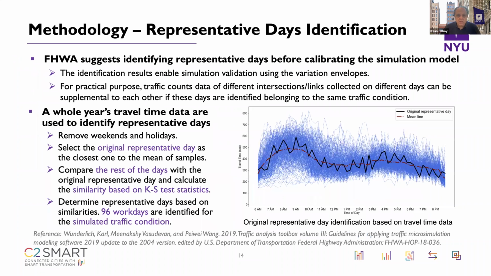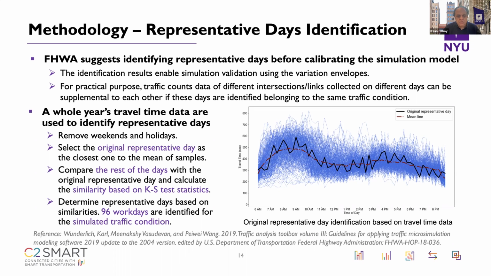So let me talk about the representative data identification. Basically, we define days that are similar. In order to do that, we use some well-known clustering techniques to find out which days are close to the representative day. This was done by finding an average value, let's say for travel time or speed, and then finding the closest days to the mean of samples.